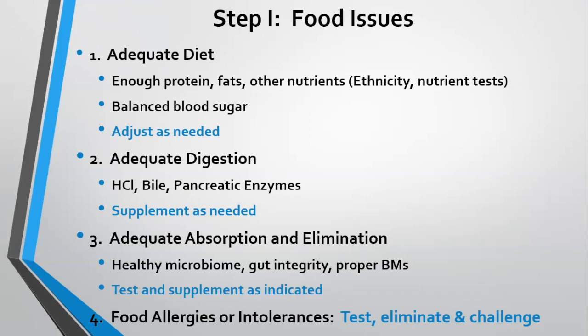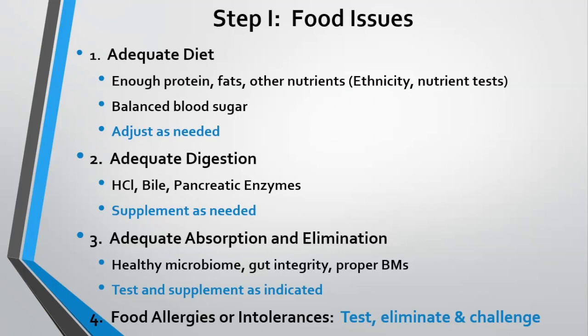We may need to do nutrient tests to find out what the nutrient levels actually are. So we look at adequate diet. And this is also where we do our 1 to 3 day food diary, or whatever kind of assessment tool you want to use to assess for the adequacy of the diet.